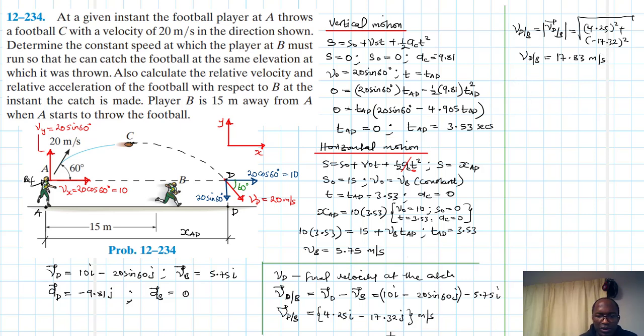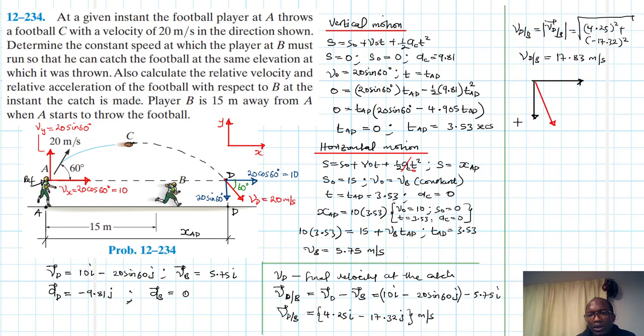If we are to draw this, we have positive x, negative y. It's going to appear like that, and then the resultant is much closer to y because the y component is bigger.